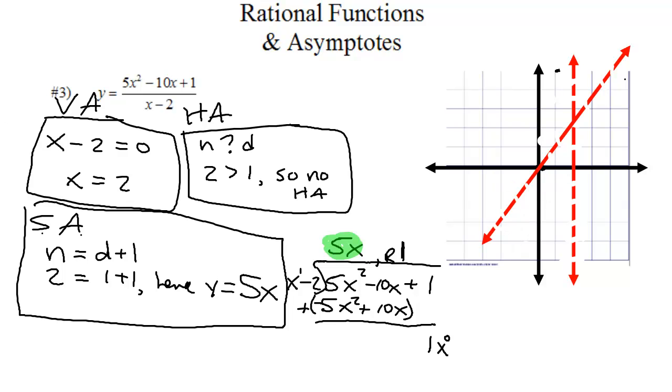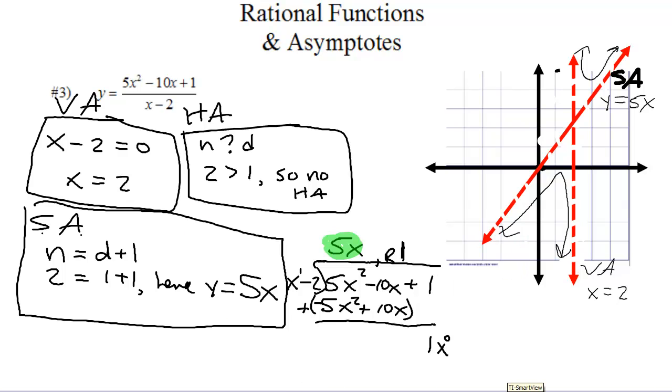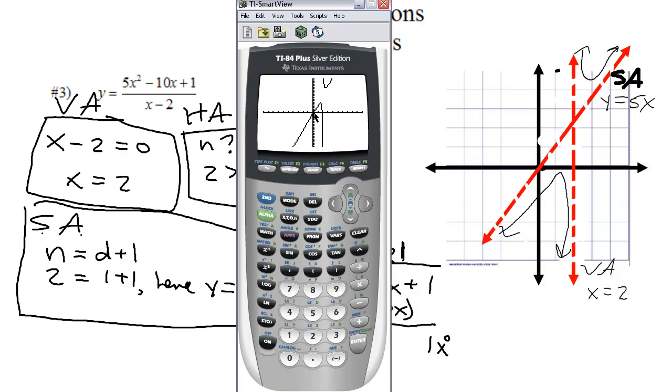Let me label, because I didn't label this and I should have at the beginning, slant asymptote, y equals 5x, vertical asymptote, x equals 2, and I have, according to my calculator, a curve that is here, and I have a curve that is here, like so. Looks like I have two x-intercepts and a y-intercept here.